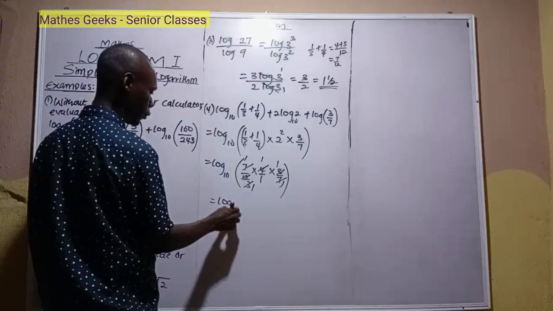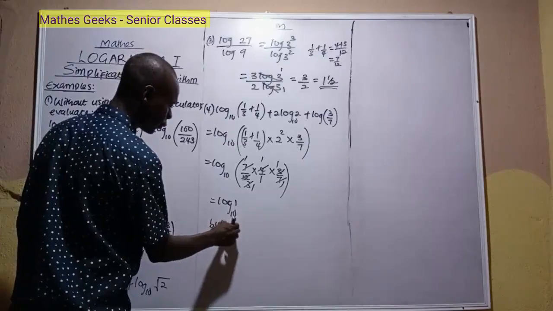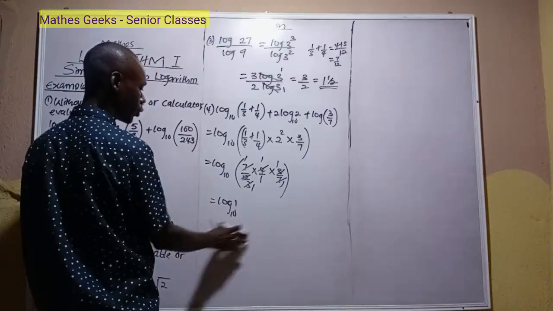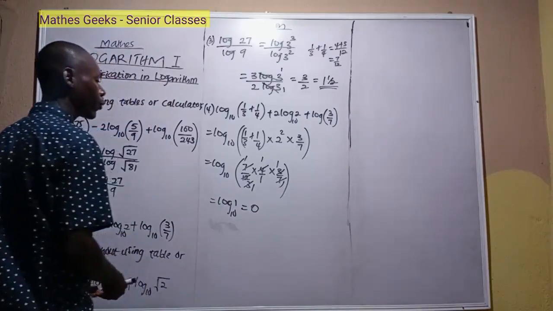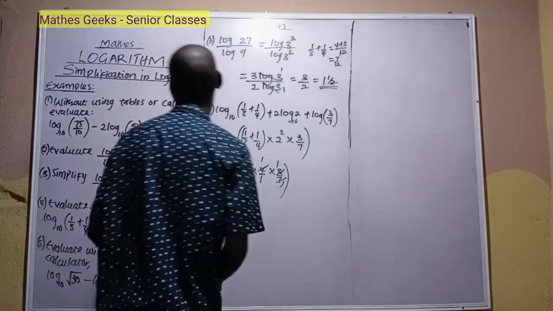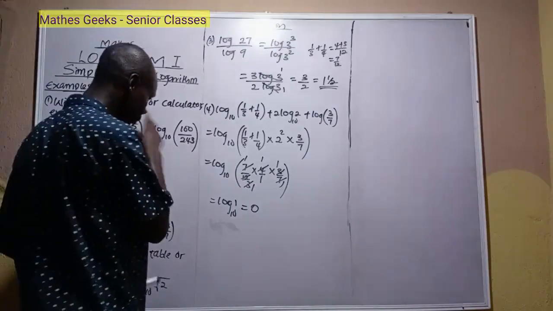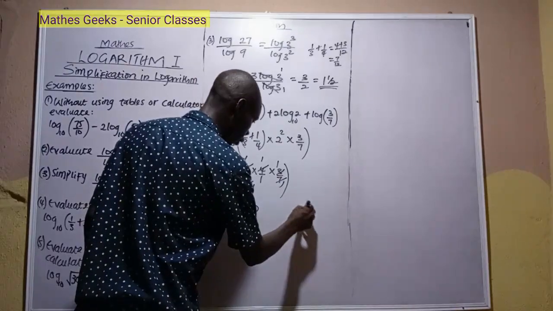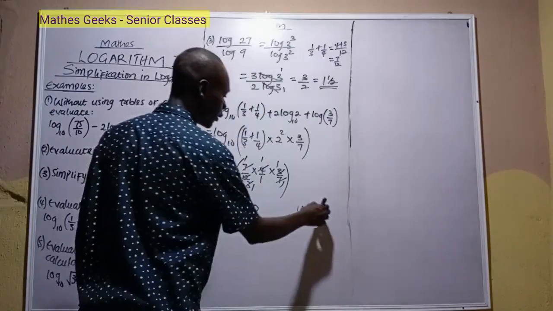We have here log 1 to base 10, which is equal to 0. Remember from the lesson on laws of logarithm, one of the laws is that the logarithm of 1 to any base is equal to 0.